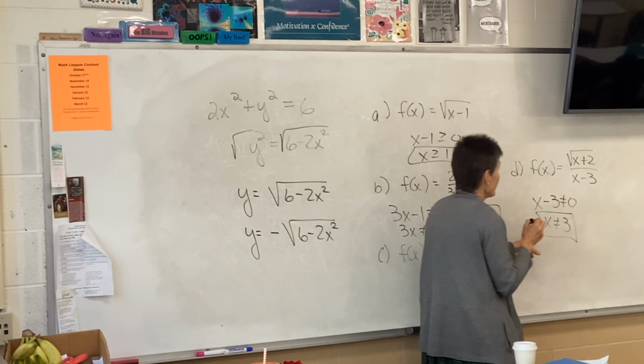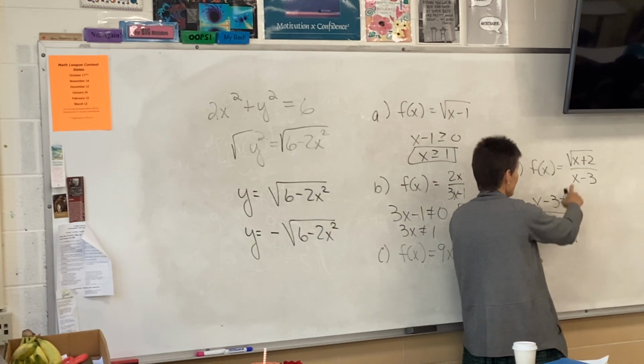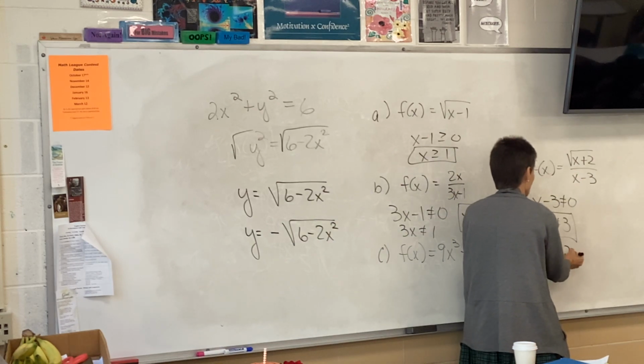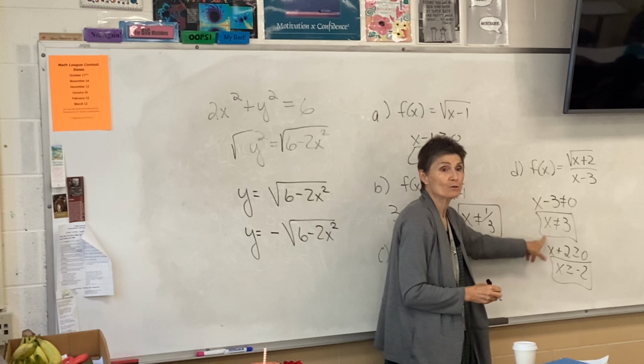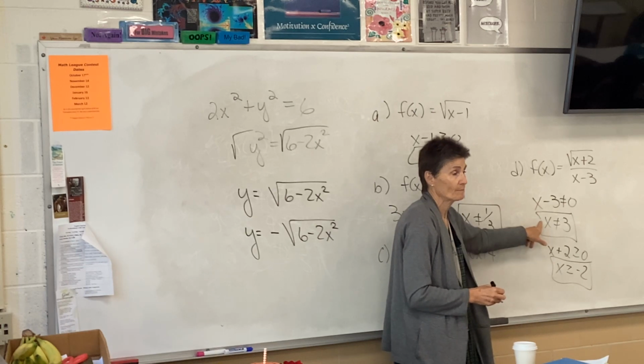Be careful, this one, we already did part of it, but it also has a radical. So this is going to have a 2-part answer, right? We're used to that, we've had those before.